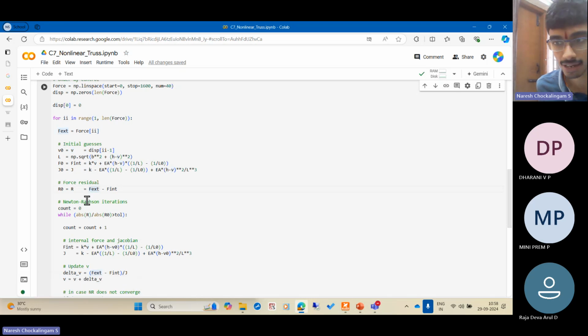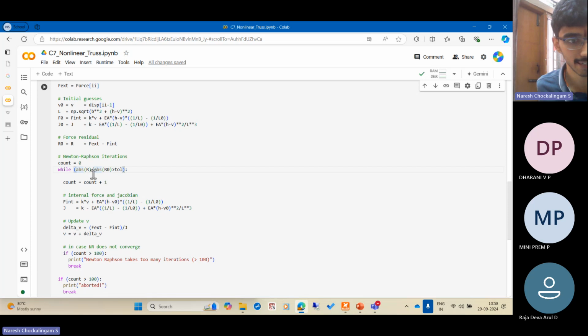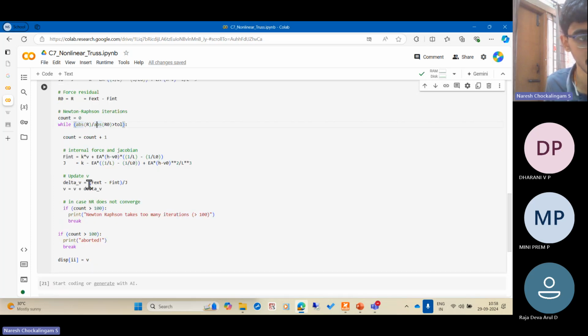Find the force residual. If it is not under control, increase the number of iterations. Get into the iterations, and keep updating V until it is very close to the solution. Once it is close, break the loop and come out. And if it had not exceeded the maximum number of iterations, then set the current displacement to V.